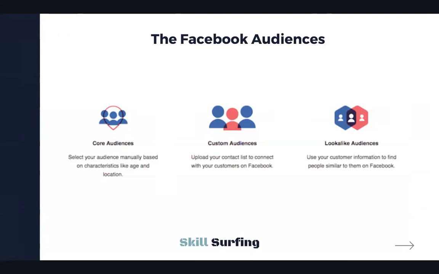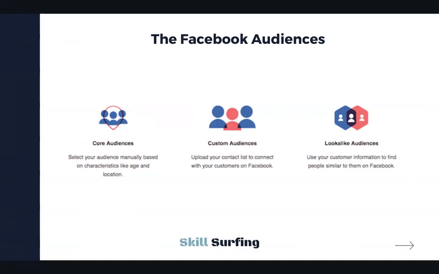Okay. Now, something very, very important that I find extremely useful and undervalued by businesses is the different Facebook audiences. Usually, when you launch a campaign and you set up your audience, you are only working with core audiences.